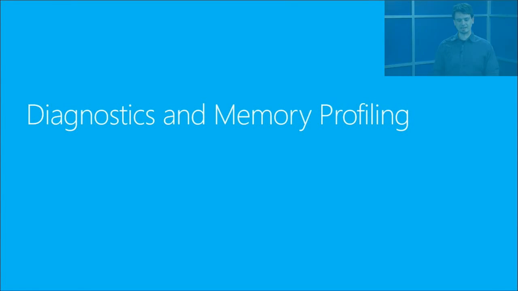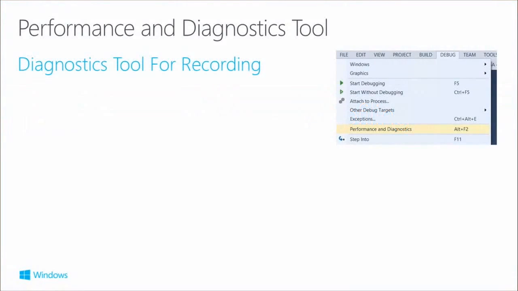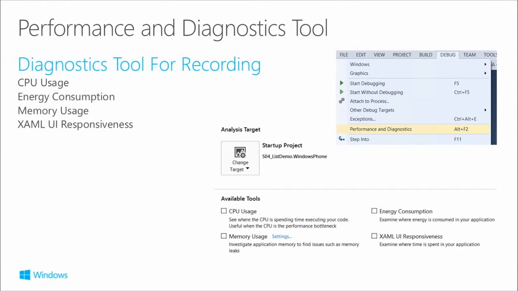So, diagnostics and memory profiling. We have a really incredible diagnostics tool for recording CPU usage, energy consumption, memory usage, and XAML and UI responsiveness. You just go down from the debug menu down to performance and diagnostics, and you can check those checkboxes.